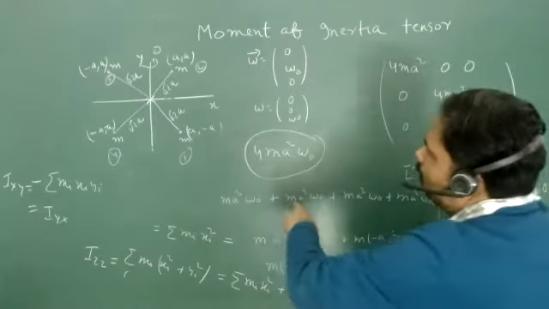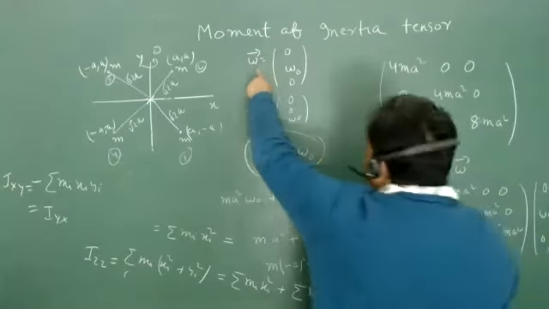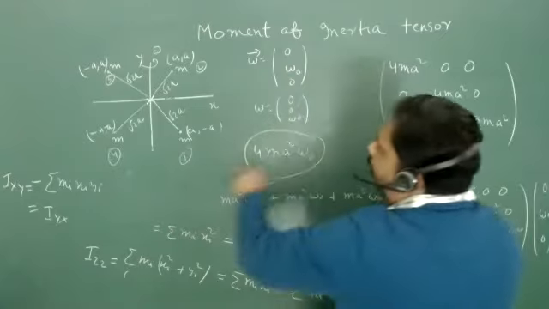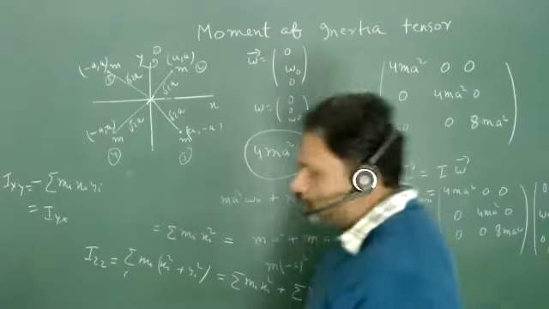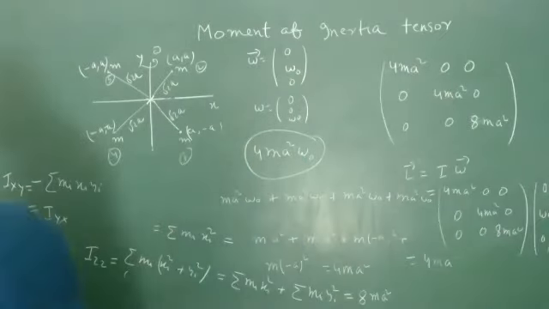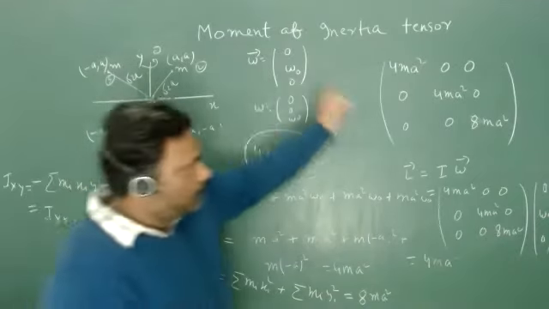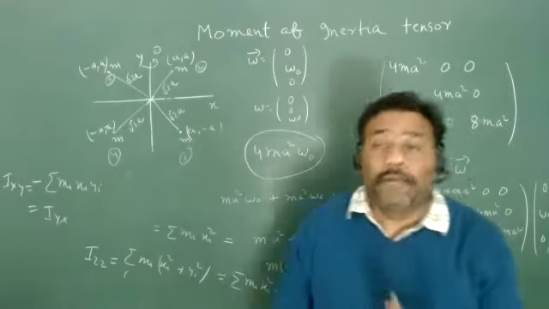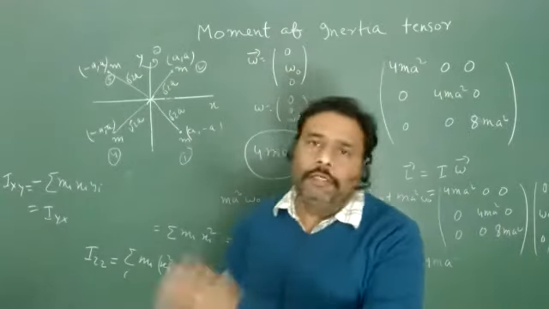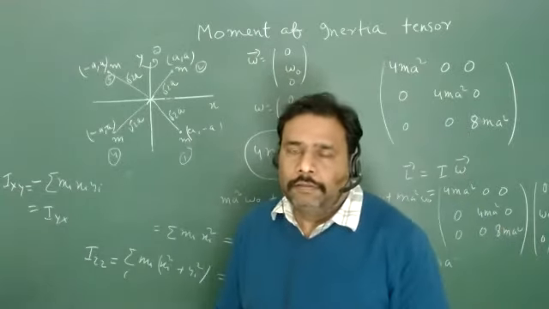Then you can only see this direction of omega will govern the direction of angular momentum. Isn't it? Hence this moment of inertia tensor is symmetric in nature. Then only you can create this story.